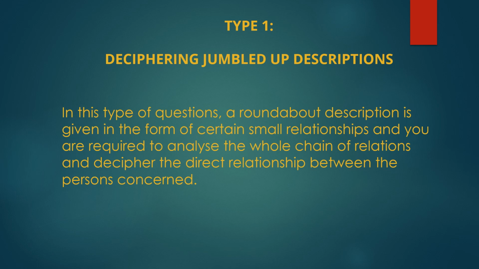In this type of question, a roundabout description is given in the form of certain small relationships, and you are required to analyze the whole chain of relations and decipher the direct relation between the persons concerned. It means the question will not be asked in a straightforward sentence, but it will be twisted and roundabout so that it will confuse you.